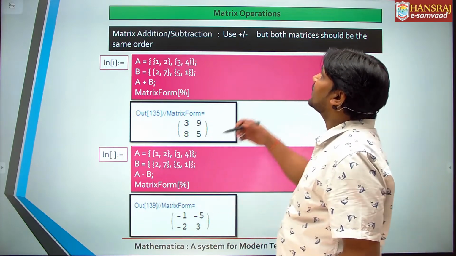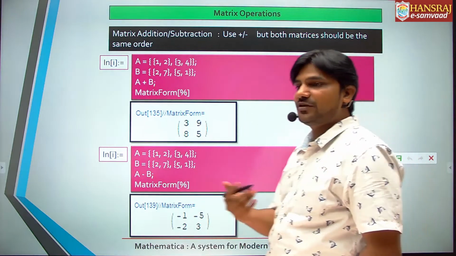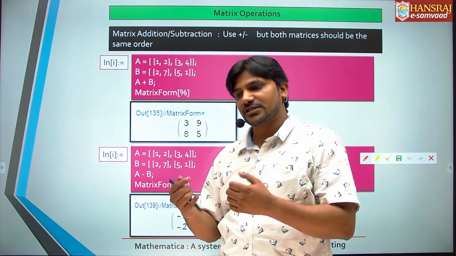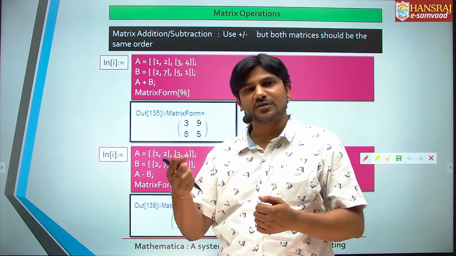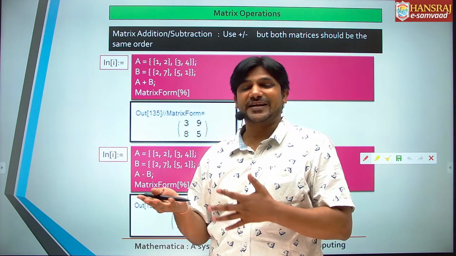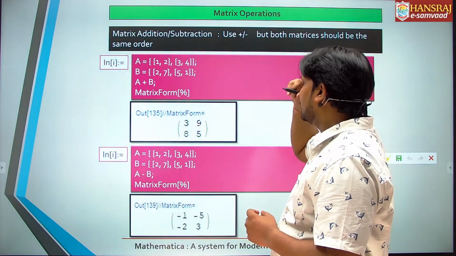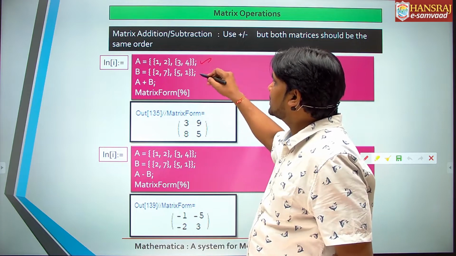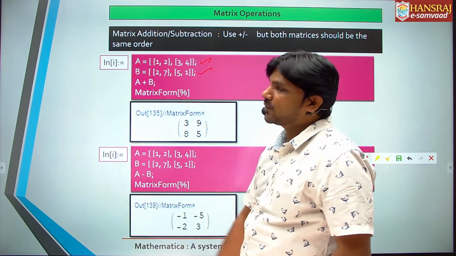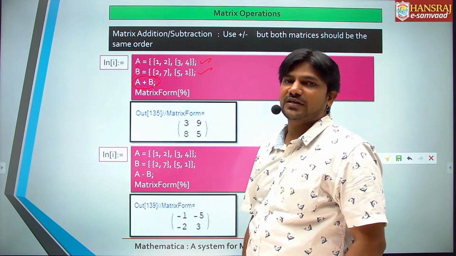Now come to the matrix operations. In Mathematica, mathematical operations such as addition, subtraction, multiplication and division, the same we apply to matrices. If you want to add two matrices, A and B, which are two-dimensional, you simply write A plus B and you will get your answer.